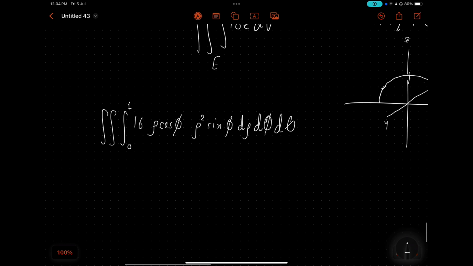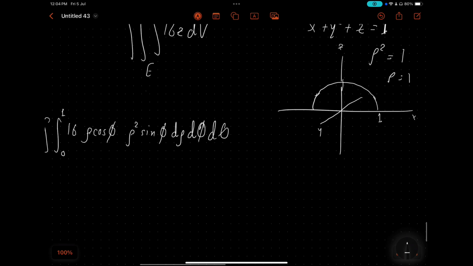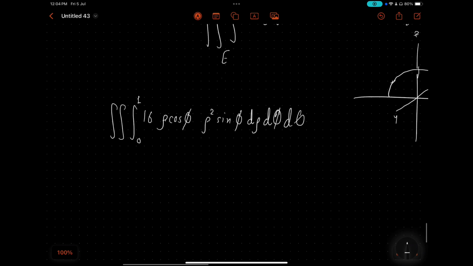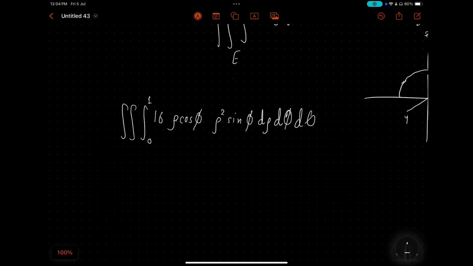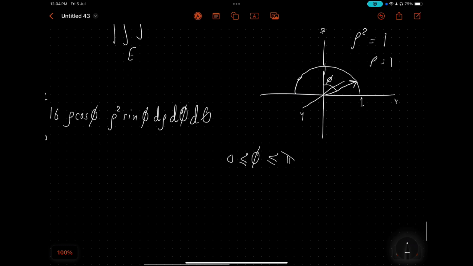And now we have also the d phi. Now for phi, we know that phi is bigger than 0 and smaller than pi.